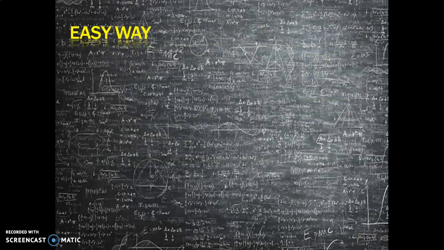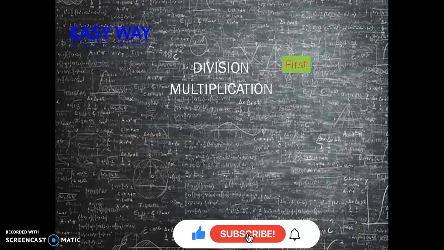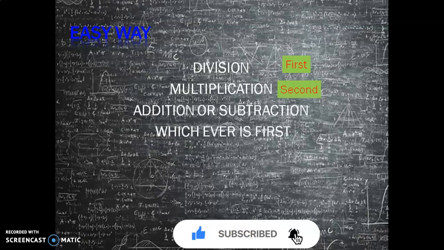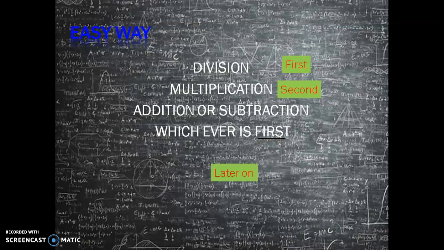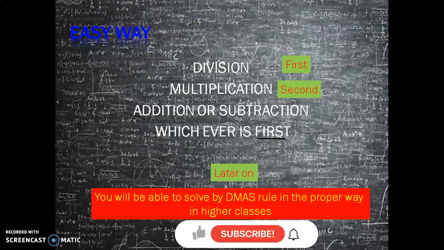But an easy way for the beginners is to do division first, multiplication second, addition or subtraction, whichever is first. Later on, you will be able to solve by Fermat's rule in the proper way in higher classes.